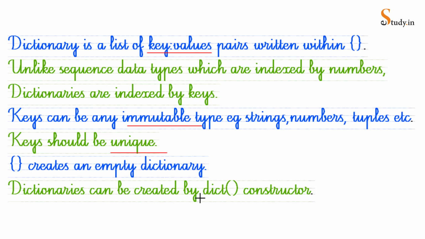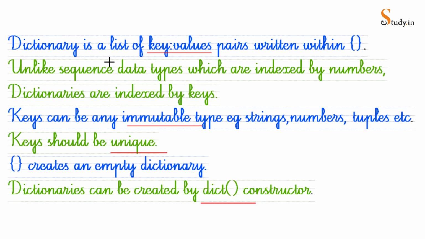We can also create a dictionary by using the dict constructor, dict followed by round parentheses. This is a constructor of the dictionary class, so we can create a dictionary by using the constructor also.